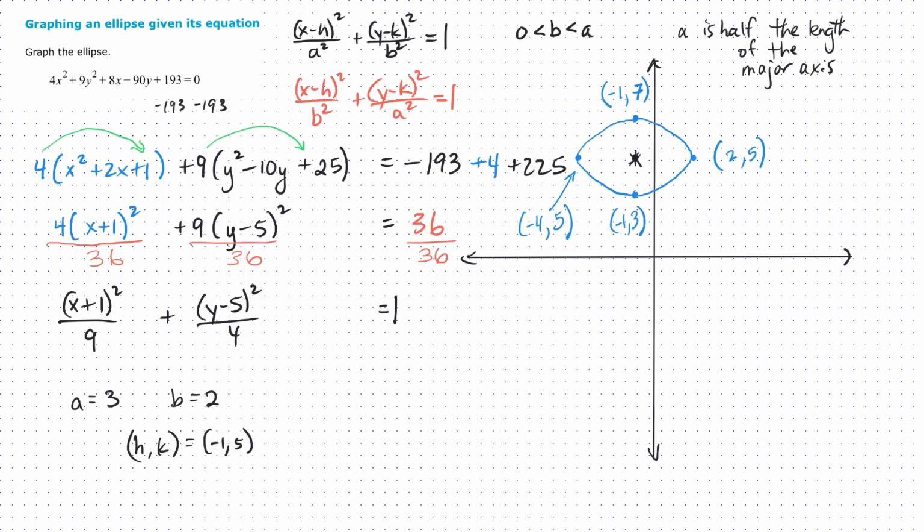And there you go. You graph the ellipse. Let's circle our answer, which is the graph here. We should also circle our work or our evidence, which is just as important. So I'm going to circle this.